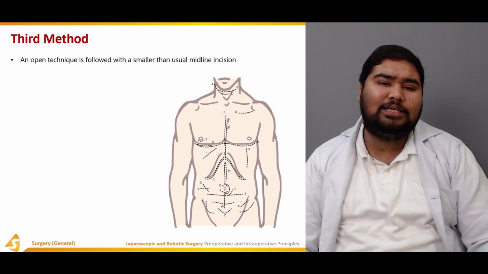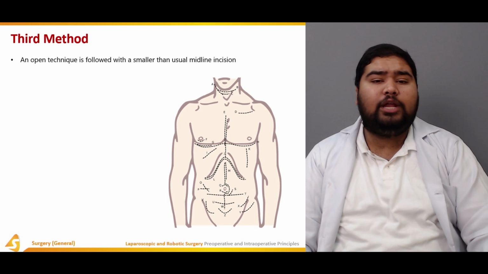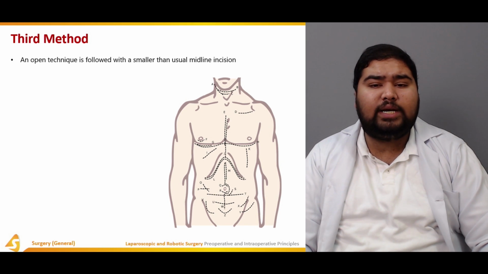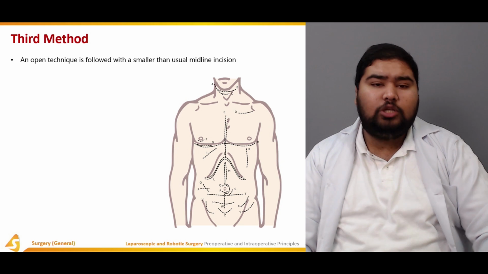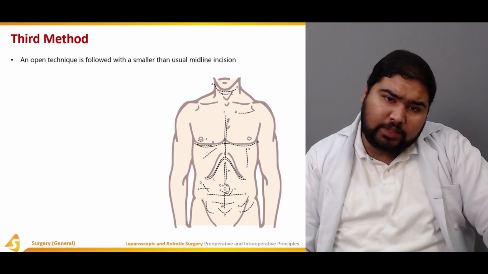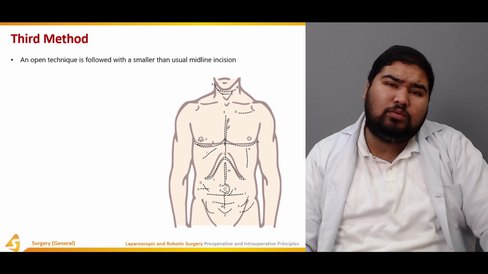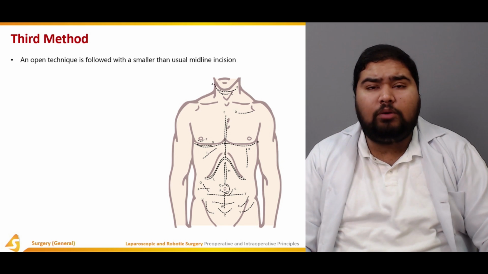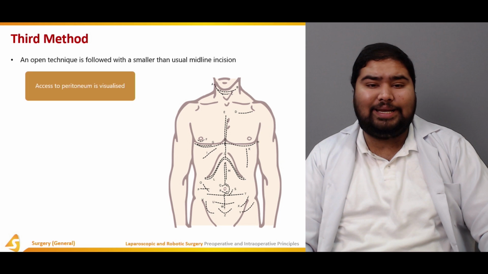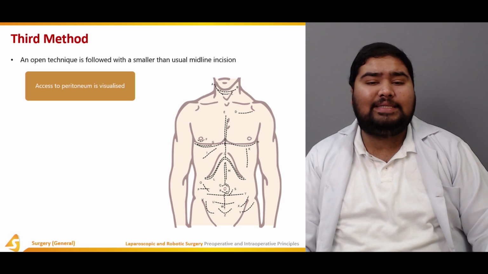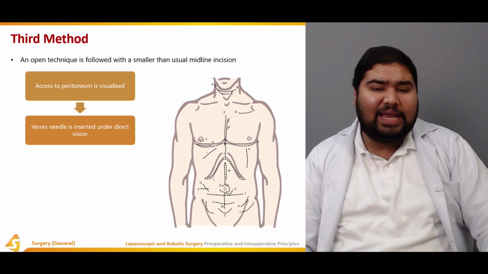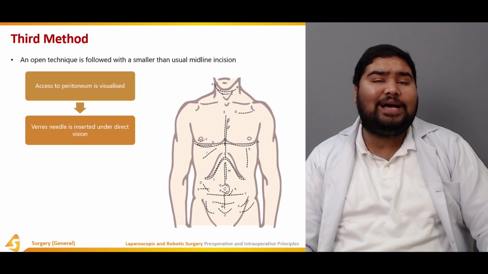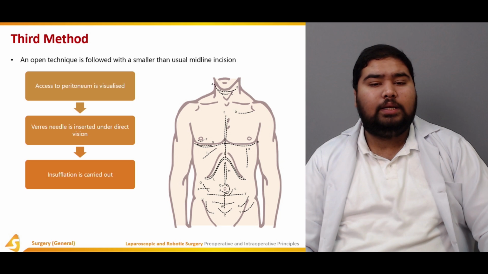Now there's a third method as well. An open technique is followed with a smaller than usual midline incision. So you perform the open technique with a smaller than usual midline incision. Now the access to the peritoneum is visualized. A varus needle is inserted under direct vision.